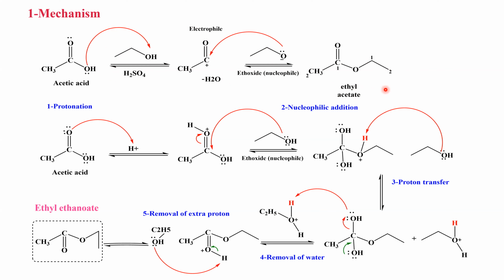So "-ate" is used as a suffix for mentioning the ester class, because this is not a continuous chain. What we do is write this alkyl chain as a prefix, as a substituent, right?